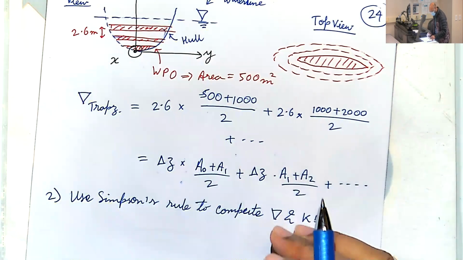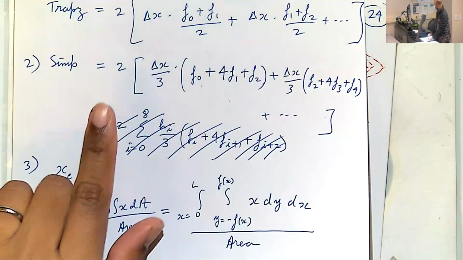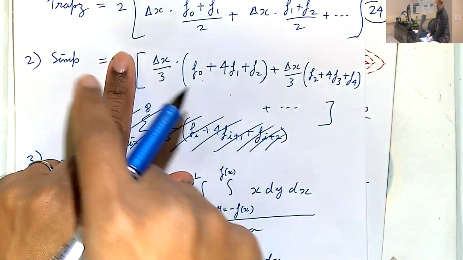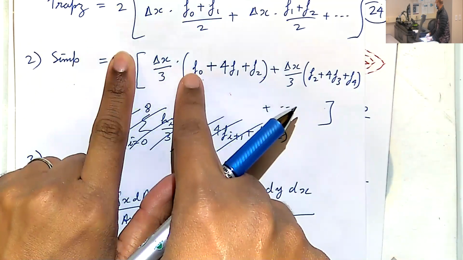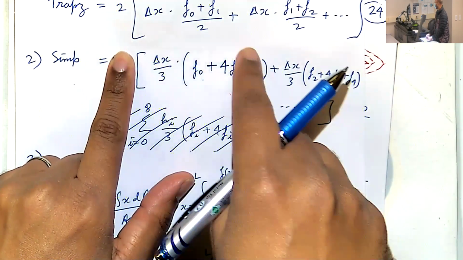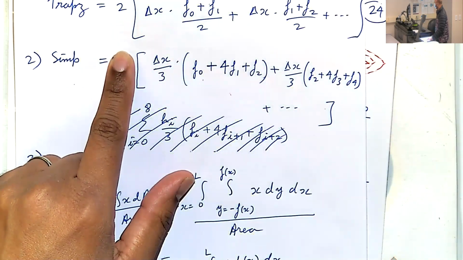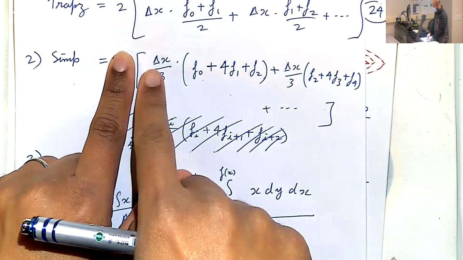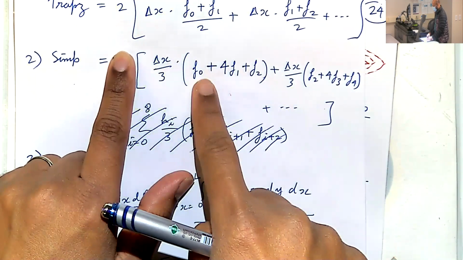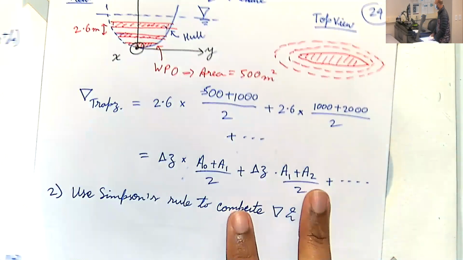Let me bring back the formula. Okay, so Simpsons rule was this guy, h over 3, blah, blah, blah. Okay, what should we do now? How should we adapt this? Remember what delta x represented and what F0, F1, F2 represented, and try to apply this here.